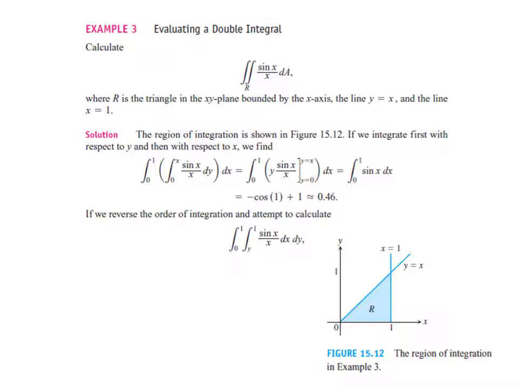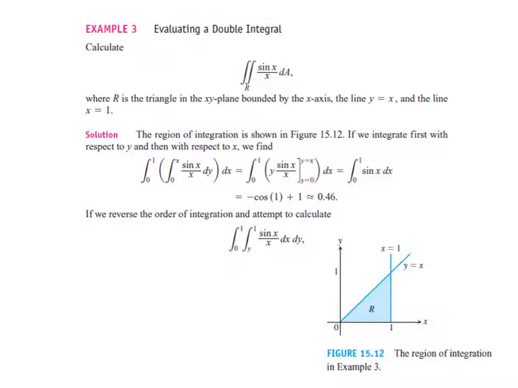Here we can take either a vertical strip or a horizontal strip. If I take a horizontal strip, the x limits are the variable limits. If I consider vertical strips, the y limits are the variable limits. One can take both here.